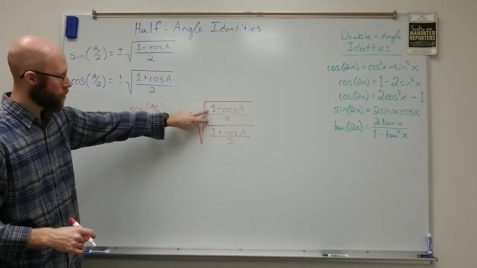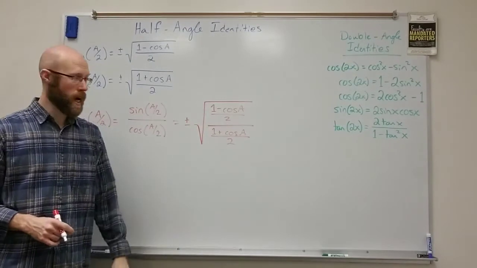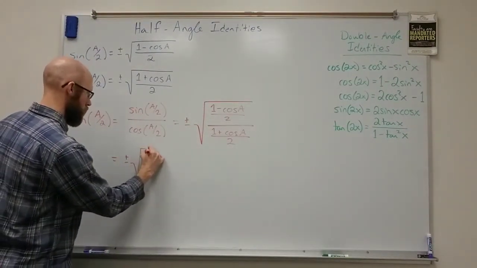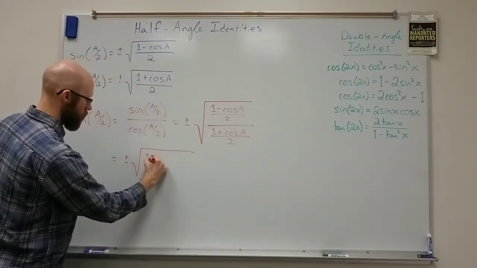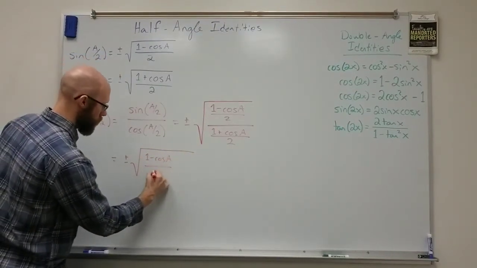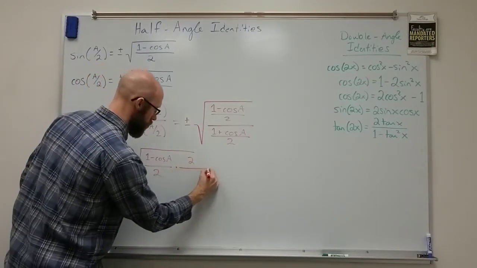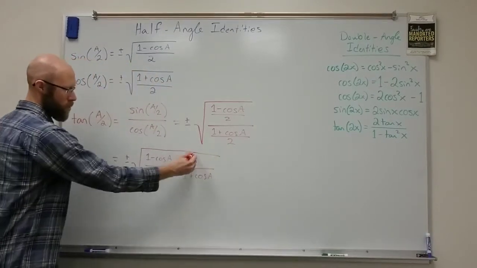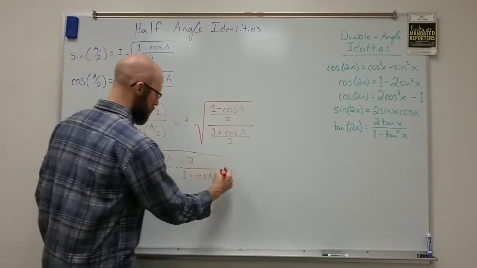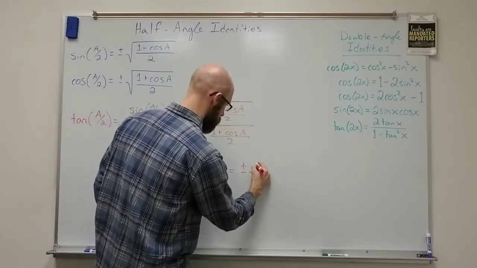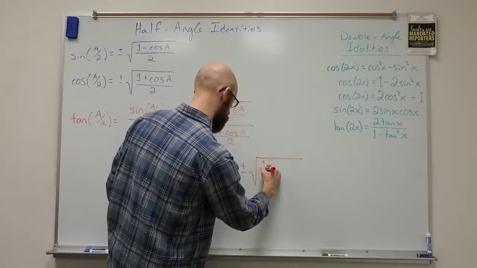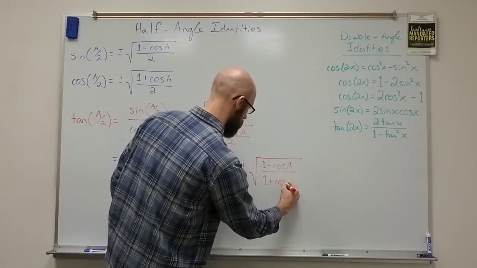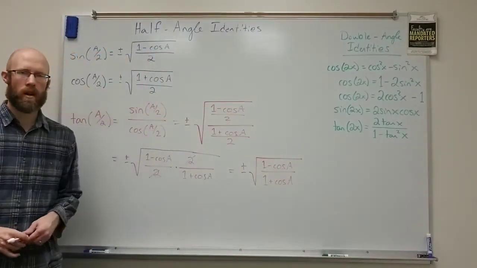And then, if you multiply by the reciprocal of the denominator, so copy dot flip, you'll end up with 1 long root, 1 minus the cosine of A over 2 times 2 over 1 plus the cosine of A. And of course the 2's will cancel, and you end up with plus or minus the square root of 1 minus the cosine of A over 1 plus the cosine of A, right?